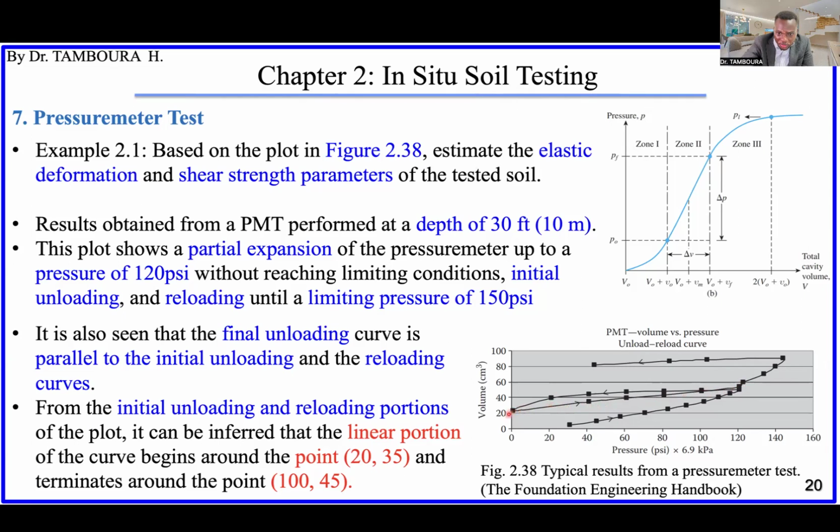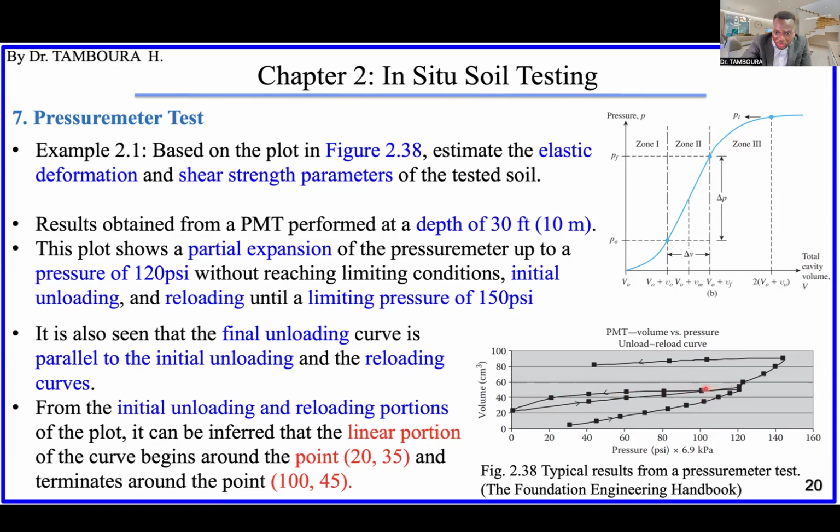So from here to here, it corresponds to this. 20 to 35. See, here is 40, 20 here. Okay, let's say 45, 20. This is the beginning of the linear portion. And the end is around here, 140.